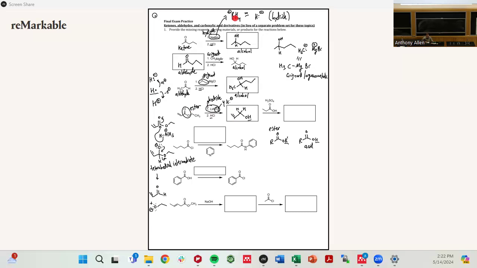These borohydride and aluminum hydride are both sources of hydride, H minus. Boron is here, aluminum is here. So if you have a BH bond, B is going to be closer in electronegativity to hydrogen, right?